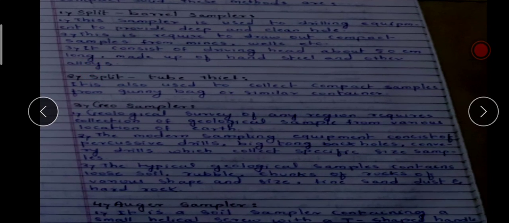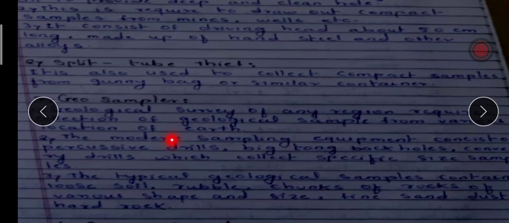Then split barrel sampler. This split barrel sampler is used as drilling equipment to provide a deep and clean hole.